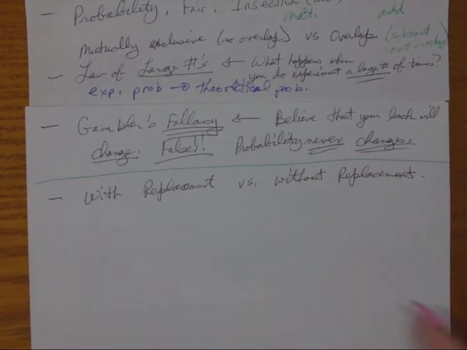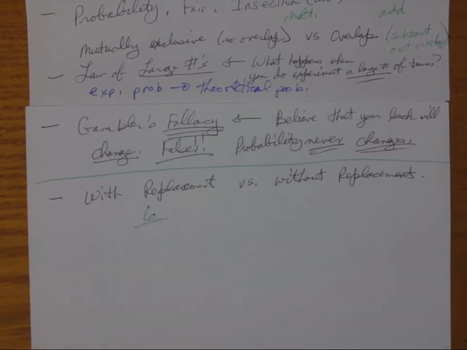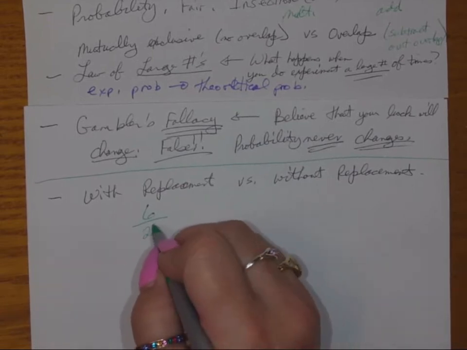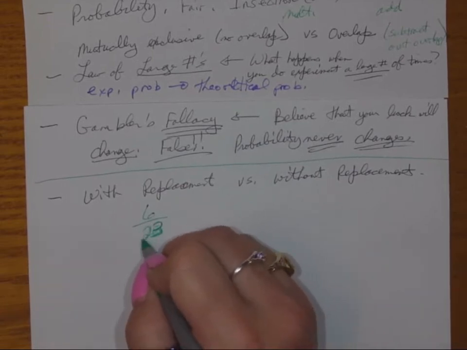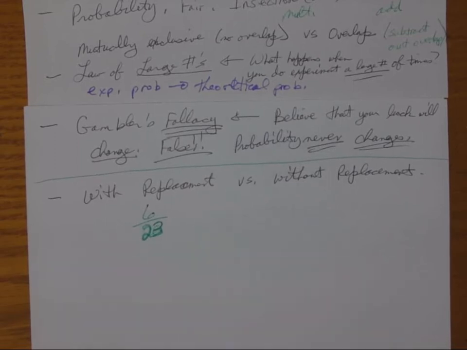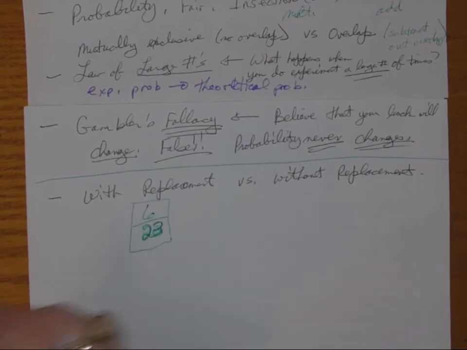Okay, if there are 6 blue marbles, whatever it is, out of 20 in a bag, let's make it 23 so it won't reduce. I don't want to have to deal with reducing my probabilities here. So if there's 6 blues in a bag of marbles, then the probability of getting a blue is 6 out of 23.